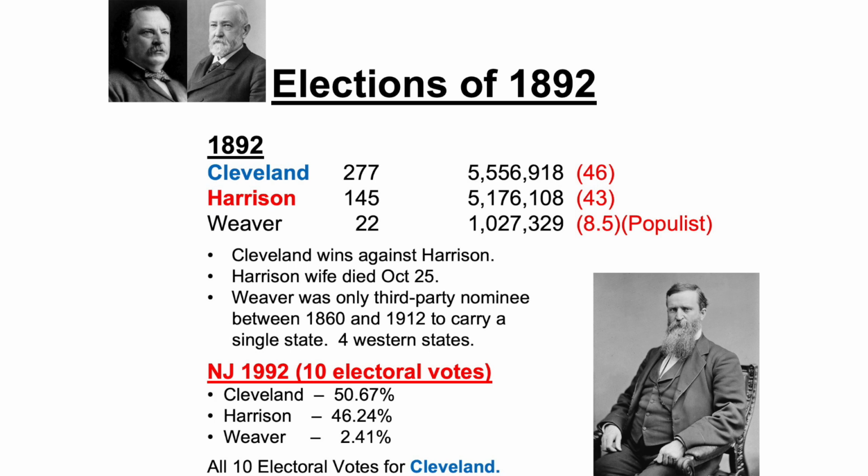Cleveland wins from Harrison. Harrison's wife also passed away, and Harrison, like Cleveland, would marry a second wife who was much younger than him. Weaver was the only third-party nominee between 1860 and 1912 to carry a single state. Seven Western states he won, which is pretty significant. And again, New Jersey went for Cleveland again.